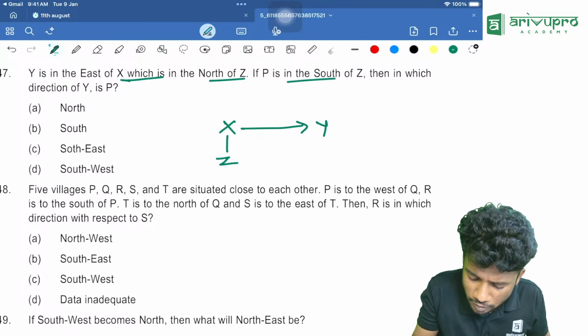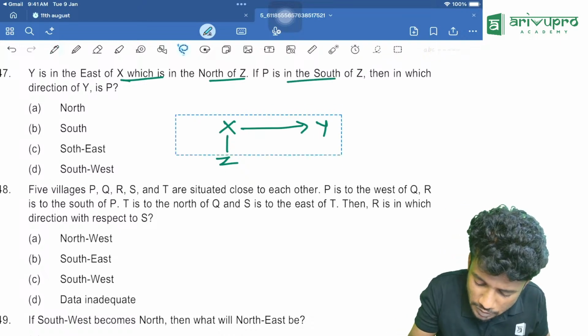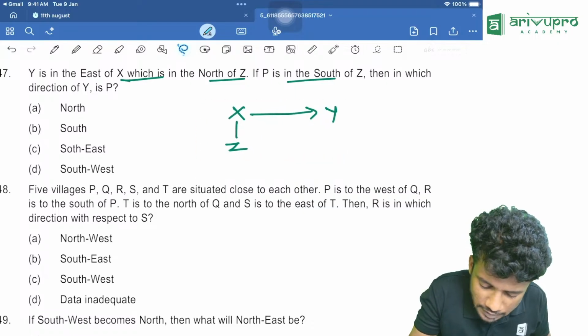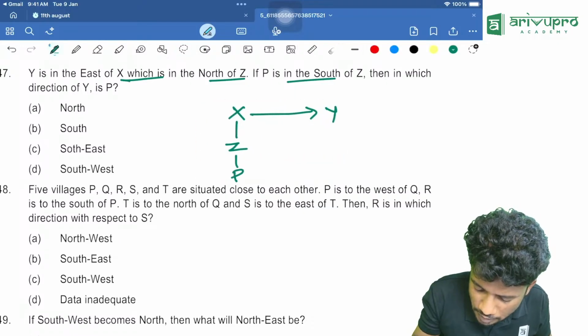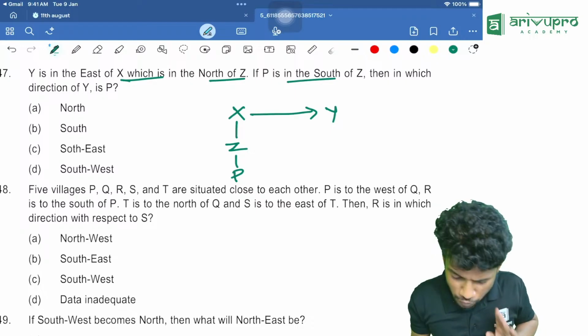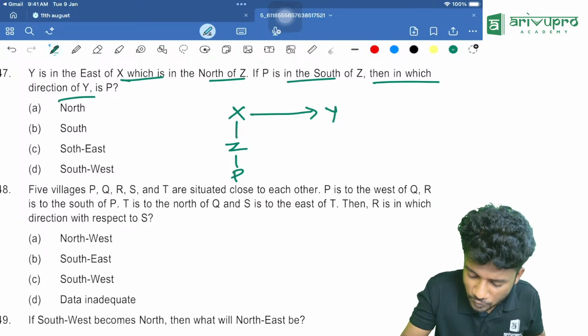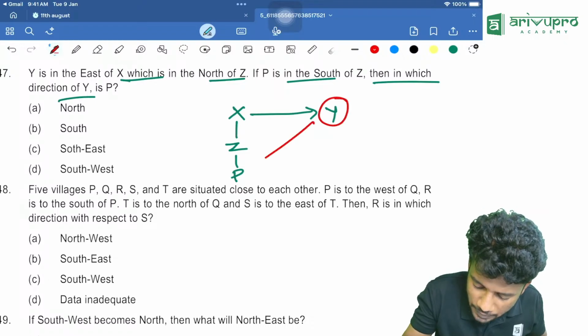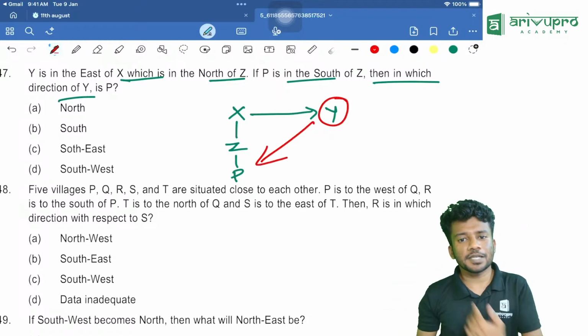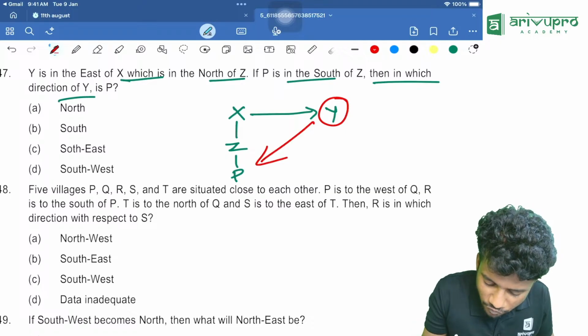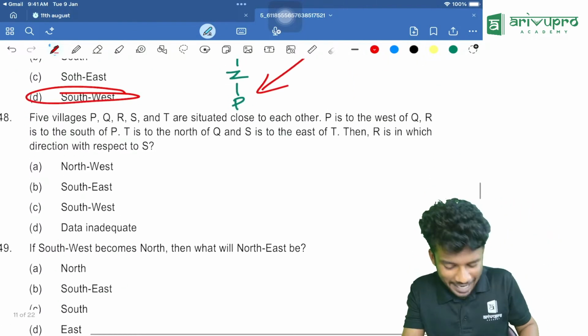P is in the south of Z. That is also true. Now the question is, in which direction of Y is P? With respect to Y, P is towards the southwest direction. Option D is your answer.